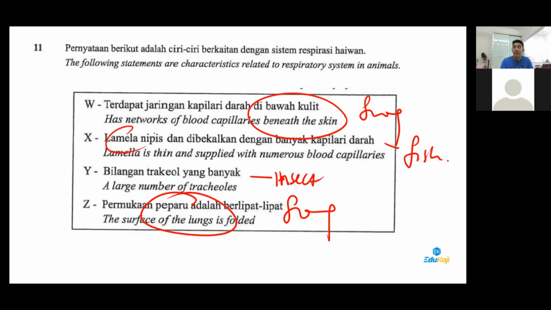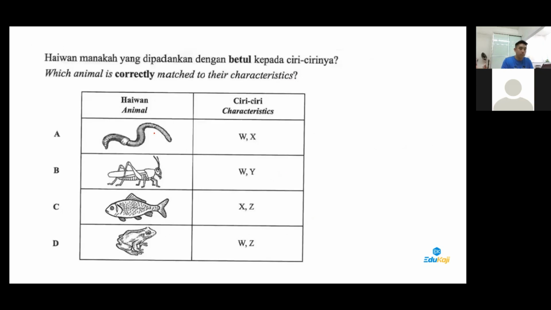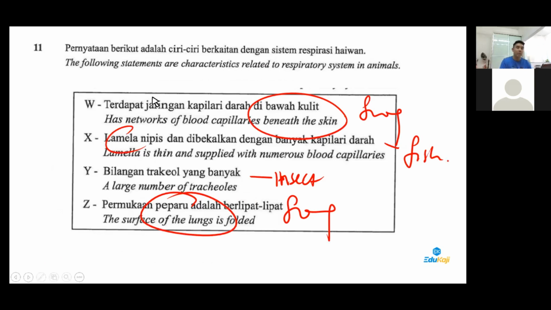Lamella is found in the filament of fish. W is frog lah. So answer donkey, guys. So just follow this. W, Z, frog, X, fish, then Y, insect.